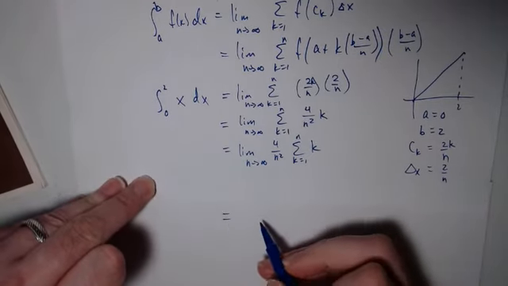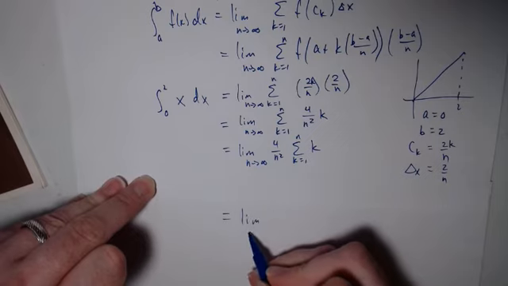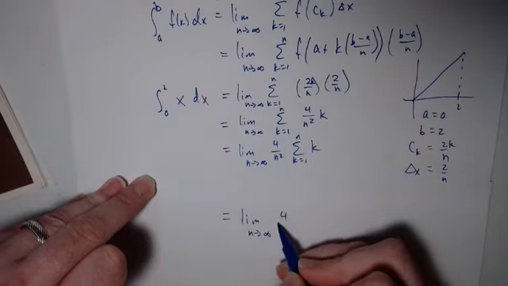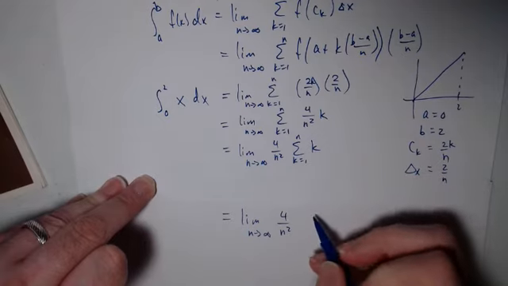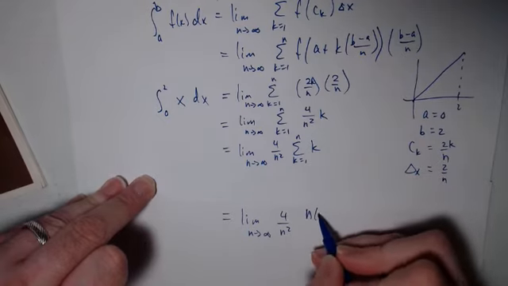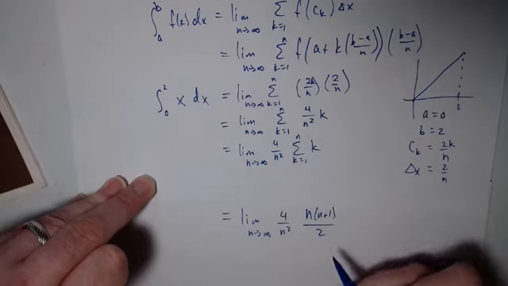So that's equal to the limit as n goes to infinity of 4 over n squared times the sum as k goes from 1 to n of k, which is n times n plus 1 over 2.